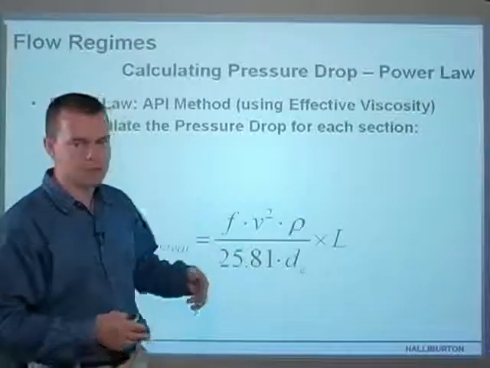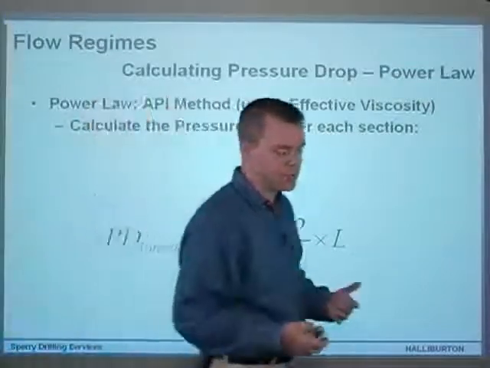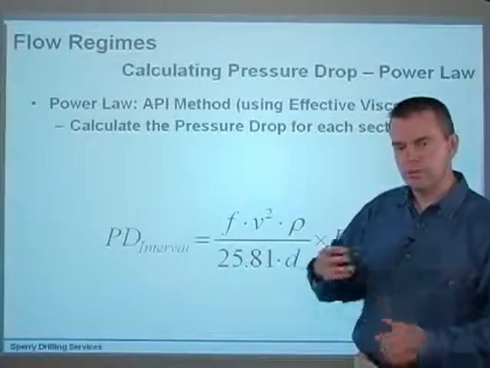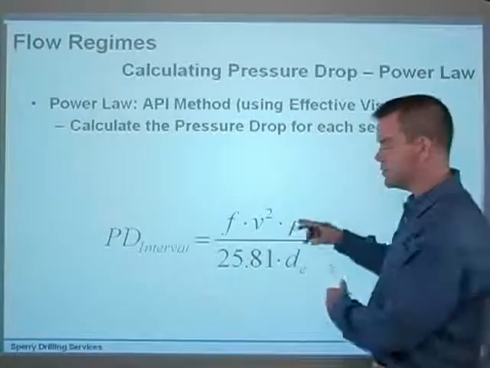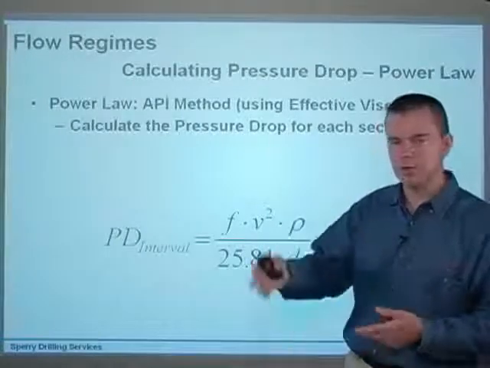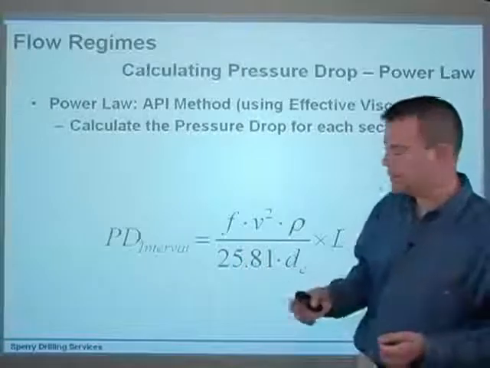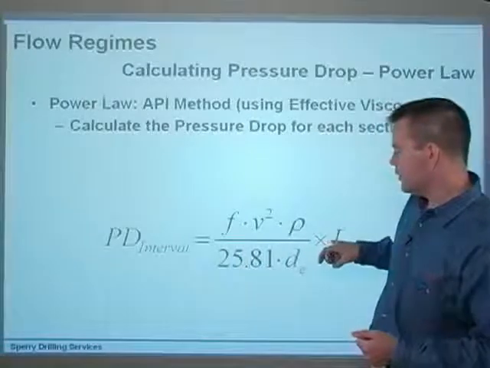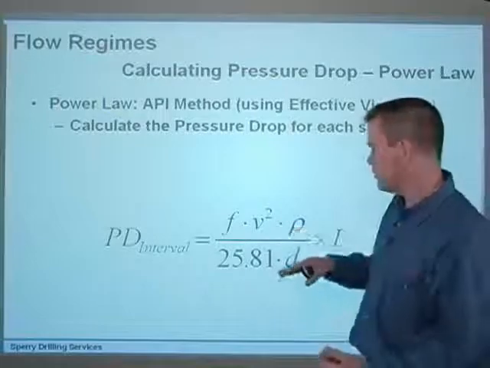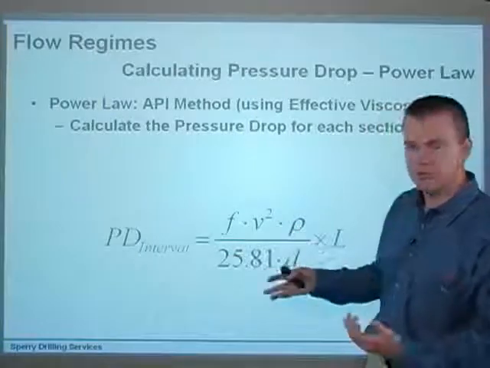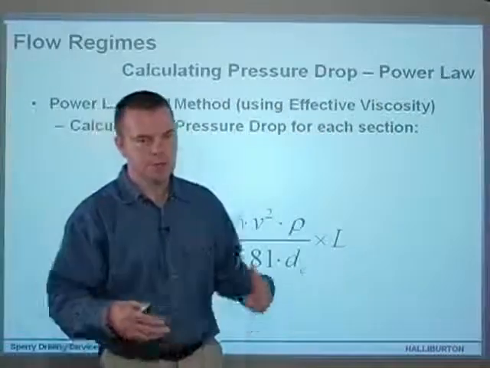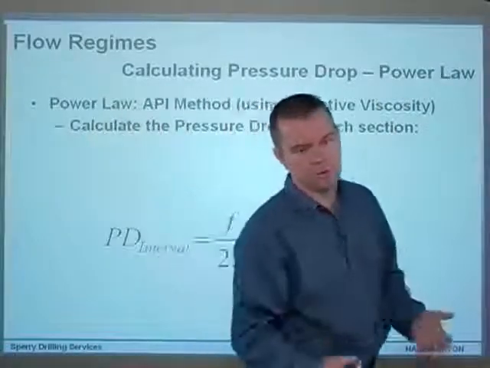If you're using something like DFG, Baroid's fluid modeling software, this density might vary depending on whereabouts in the well you are, your temperature and so on, as we'll discuss later. Multiply all that by the length of the section, the annular section or the internal pipe section, divide by a constant, and also divide by the effective diameter, and you get your pressure drop over the interval. That would be what you would use for power law.